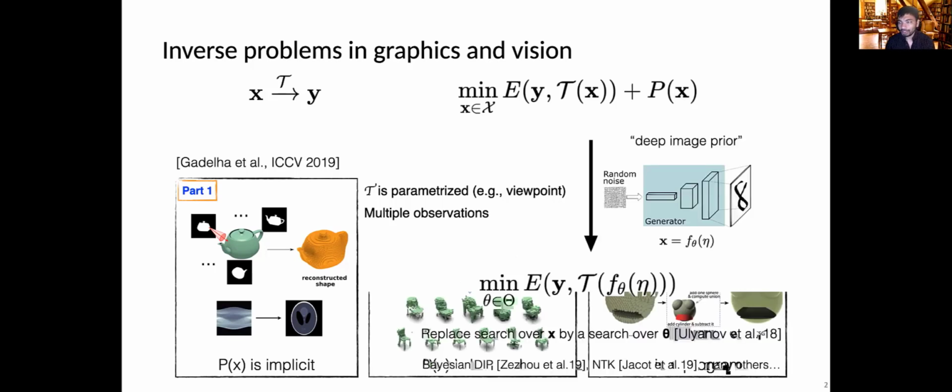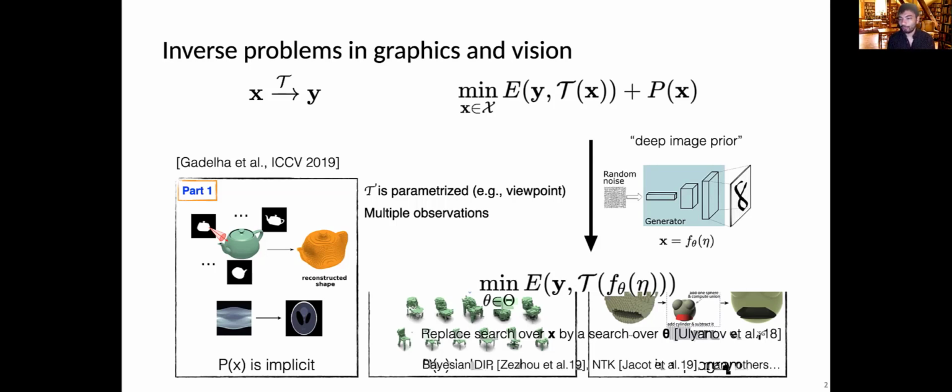One interesting observation made 2 years ago was this idea that you can replace this energy minimization problem with an unconstrained optimization problem as follows. Instead of minimizing over x directly, you reparameterize x using a generator. So x is some parameterized function, f theta of some input noise.